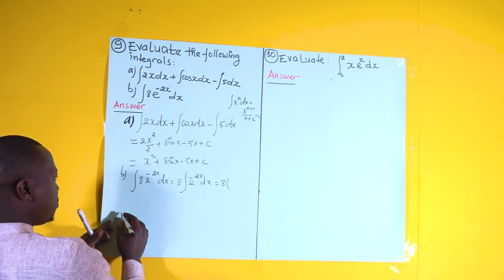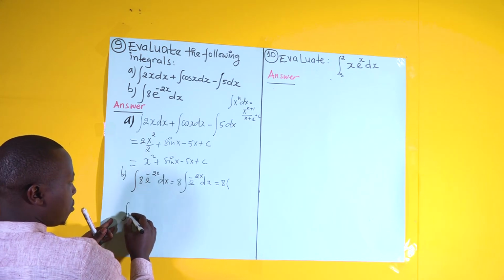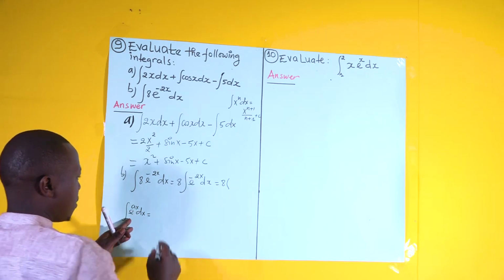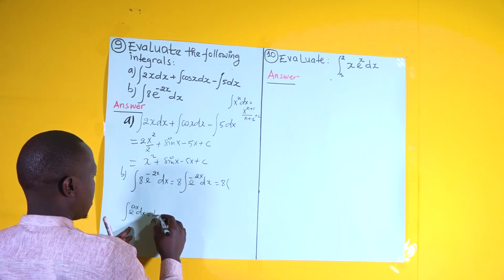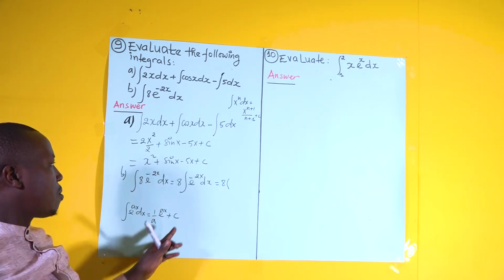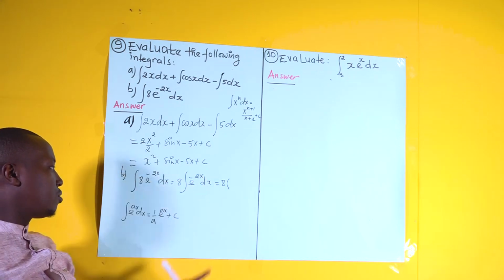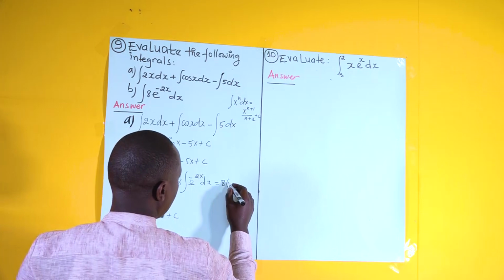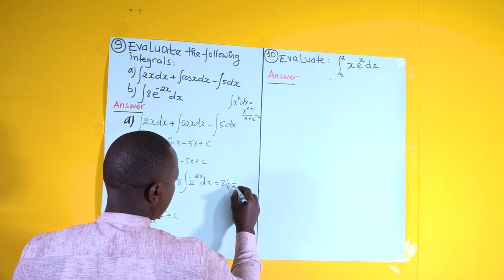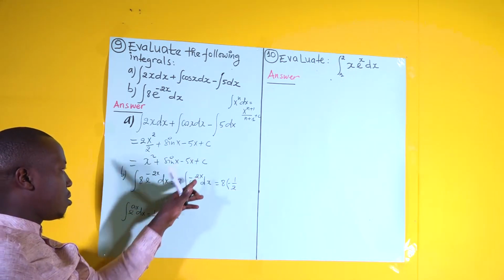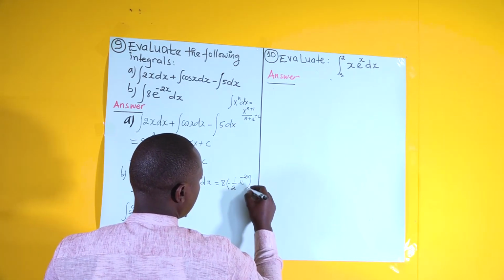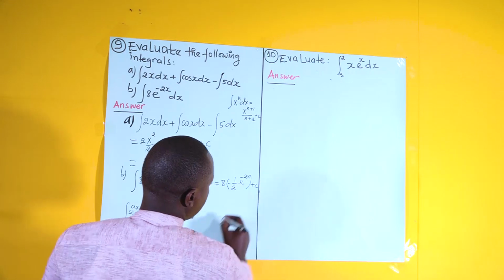We use this formula: integration of e to the power ax dx gives us 1 over a times e to the power ax plus a constant. 1 over a here is negative 1 over 2, then e to the power negative 2x, plus a constant.